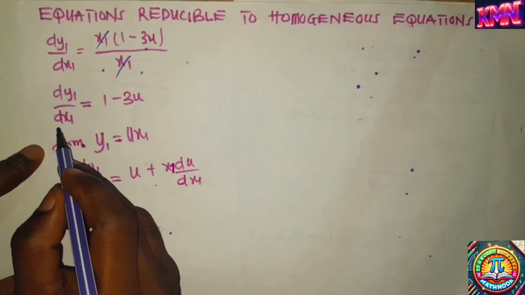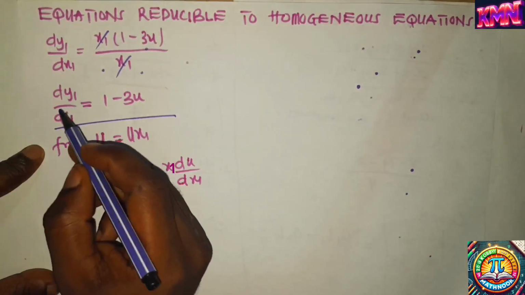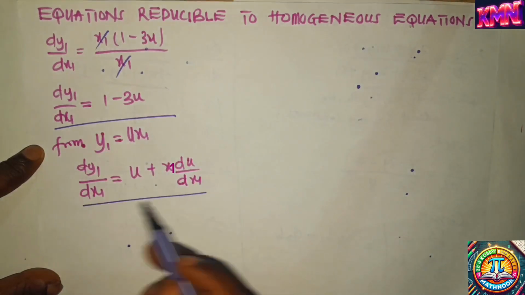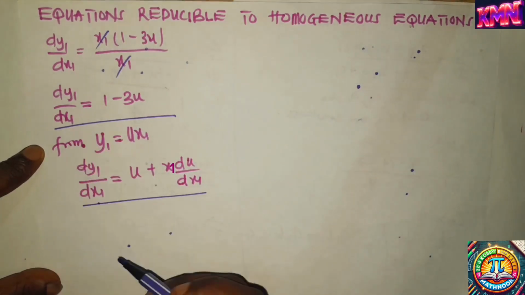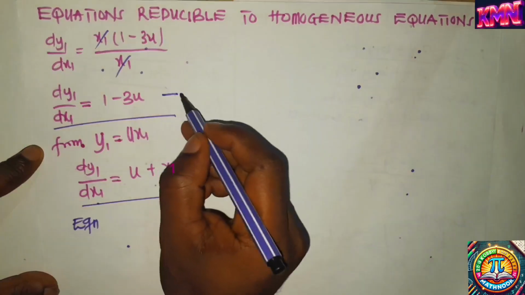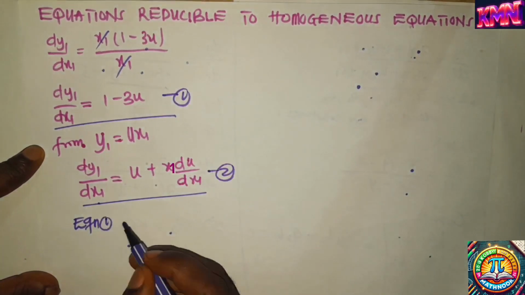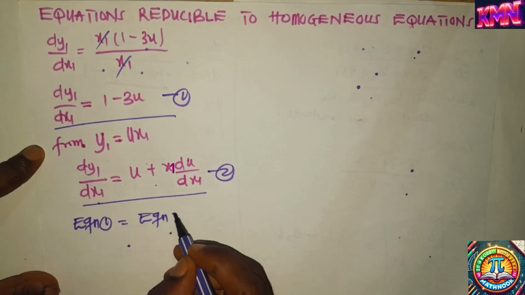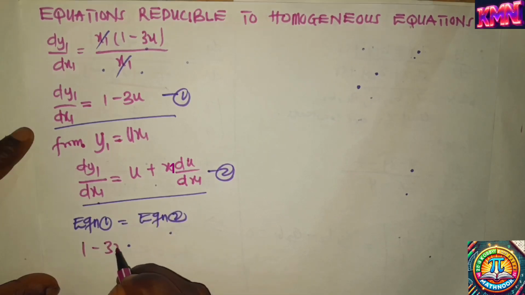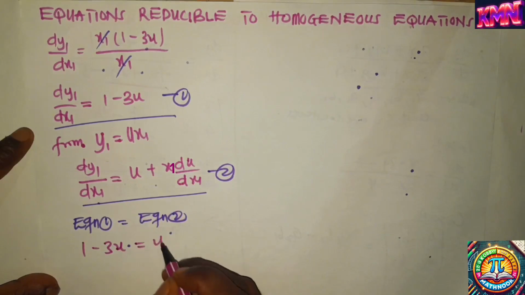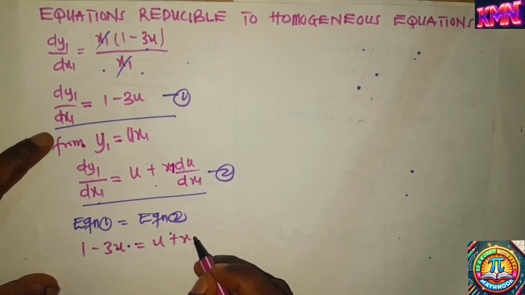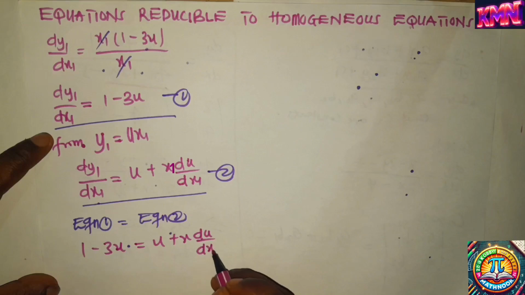In this case, this dy1/dx1 is equal to dy1/dx1, so we can equate the two. Let's label this equation 1 and this equation 2. So equation 1 equals equation 2: 1 minus 3u equals u plus x1 du/dx1.